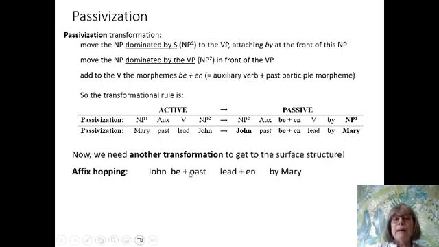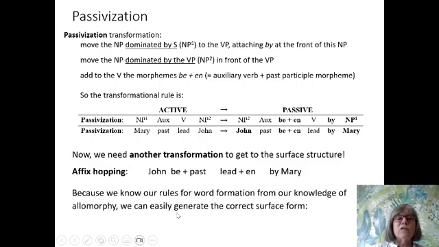So be plus past, because now the past tense marker needs to attach to the auxiliary verb, not to the verb lead. What needs to attach there is the past participle form, okay? So that's called affix hopping. And because we know our rules for word formation from our knowledge of allomorphy, we can easily generate the correct surface form, John was led by Mary.